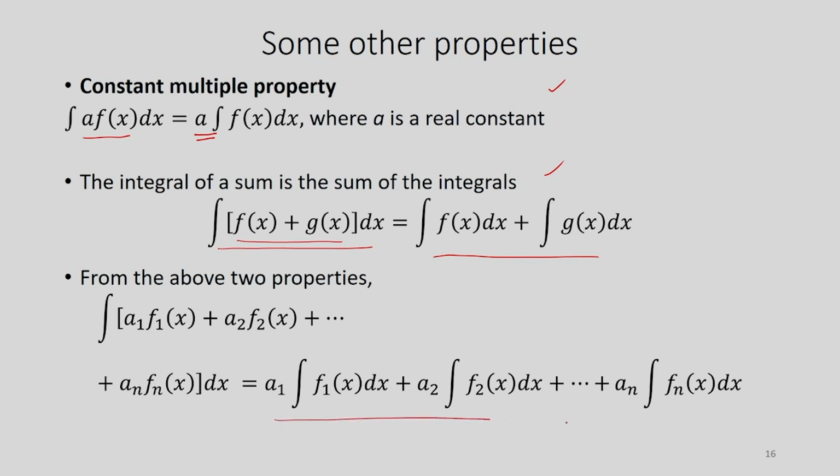This becomes equal to a1 integration of f1(x) dx plus a2 integration of f2(x) dx plus so many terms, and the last term is an integration of fn(x) dx. So, essentially I am first breaking this term down into n different parts, right, and then I am taking the constant terms outside the integral in each of these n terms.